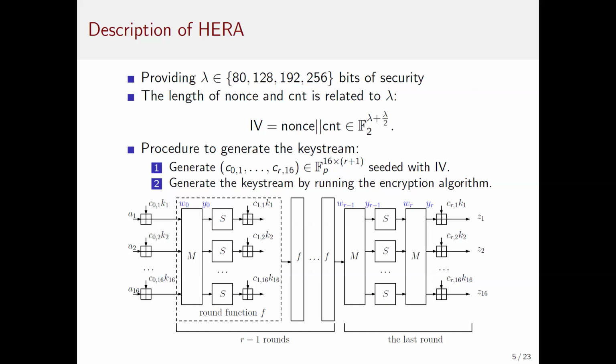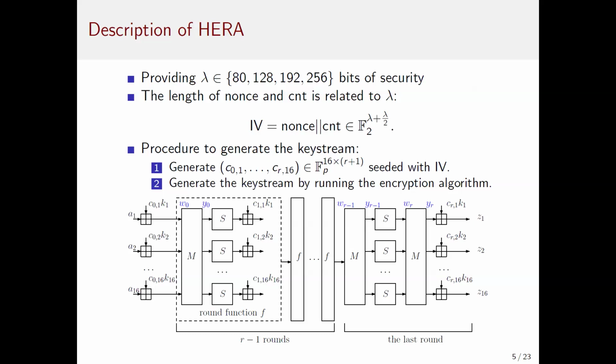So let us focus on how these randomly generated constants are generated. These Cij are indeed the output of an XOF. The input of the XOF is an IV, and the IV is composed of a nonce and a counter. The length of the IV is related to the provided security levels.